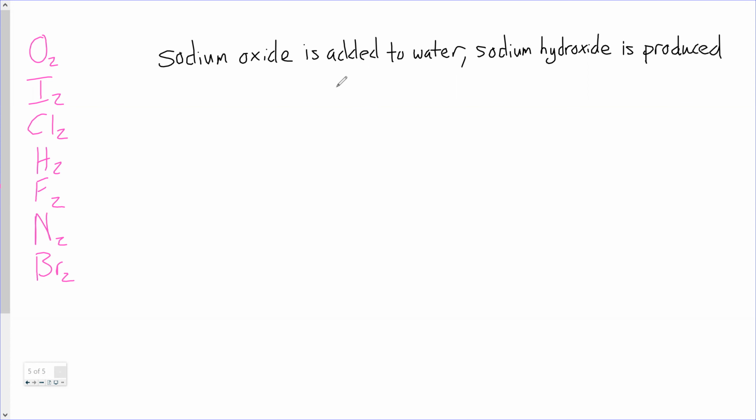All right, so when I look at this, I see sodium oxide. What else do you see that's a compound? Water. Yep. And there's sodium hydroxide. Very nice. Sodium hydroxide is the other one.